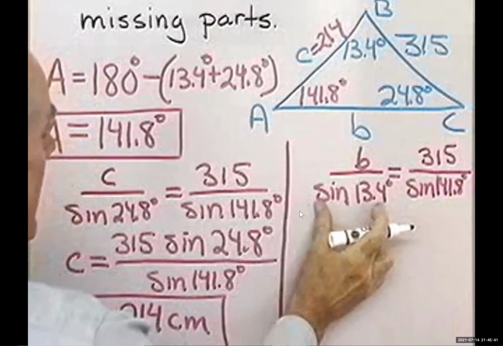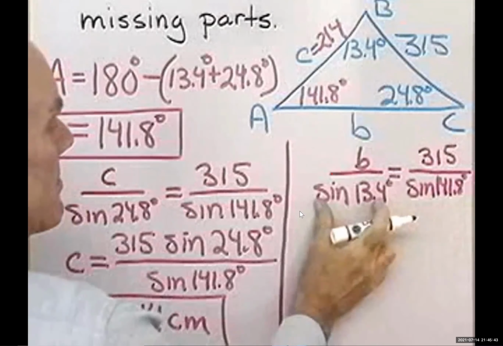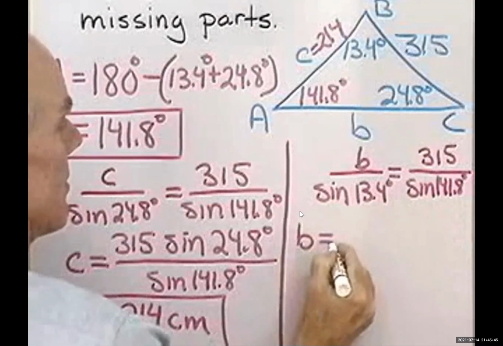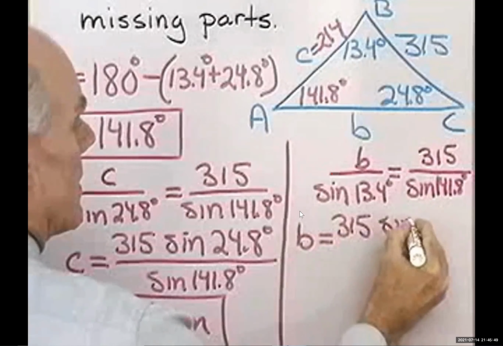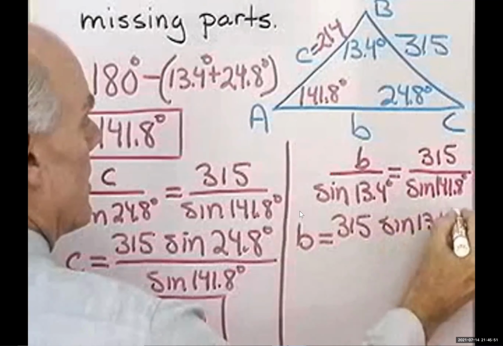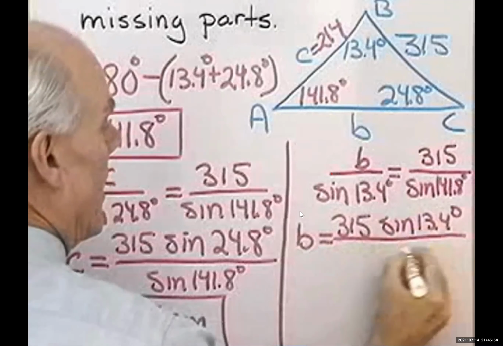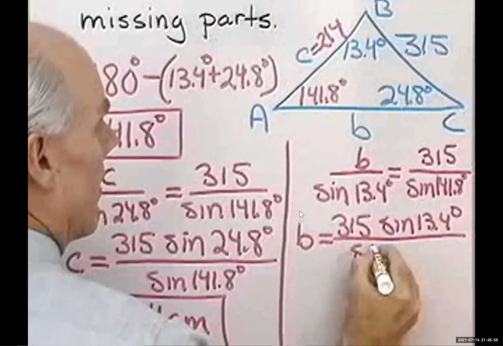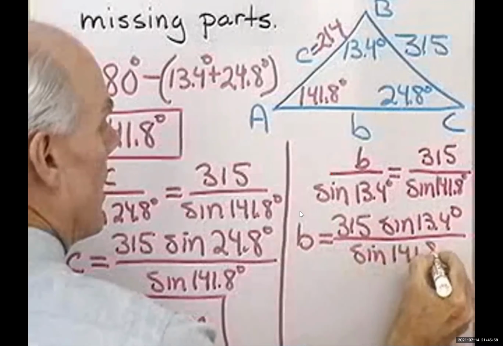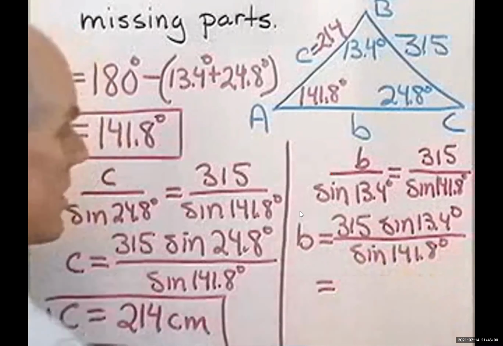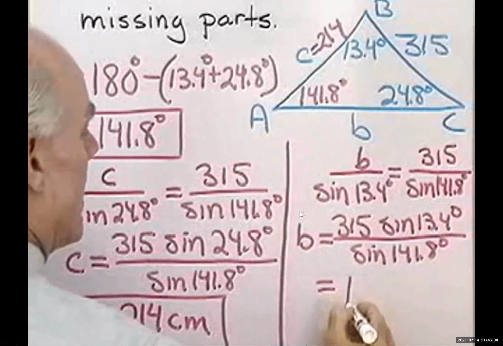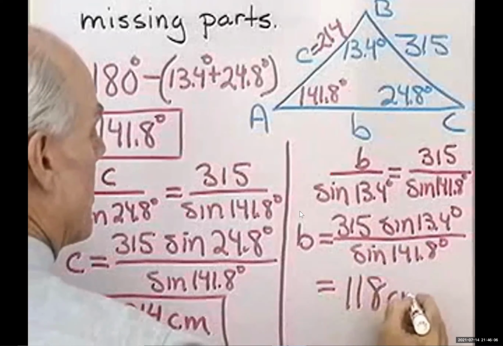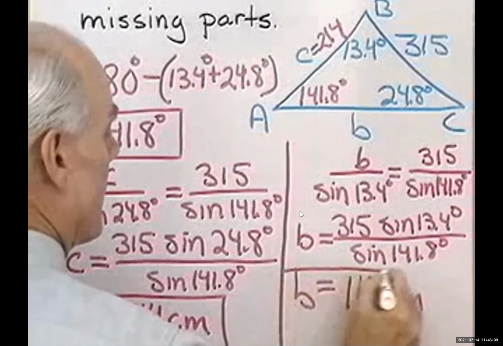And multiply by sine 13.4 degrees both sides, and I end up with B is equal to 315 sine 13.4 degrees, all divided by the sine of 141.8 degrees. I worked this out on the calculator, and again, I've already done this, and I get 118 centimeters for the length of side B.